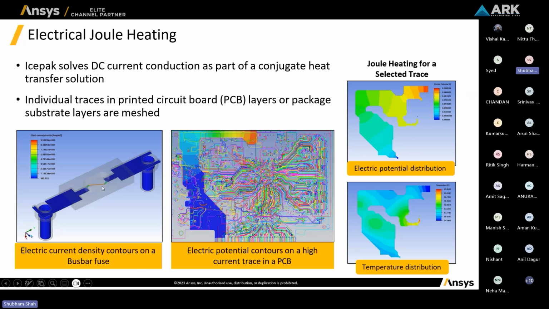In a similar manner, you can also plot the contours of electrical potential on high trace in PCB. The second contour shows you the electric potential, the third is for the Joule heating, and the last one is for the temperature distribution, how the temperature is distributed over that particular region.